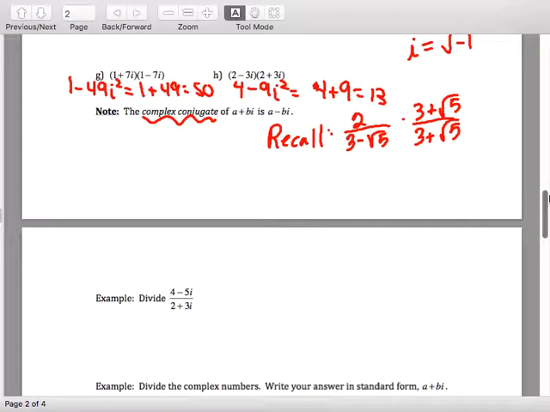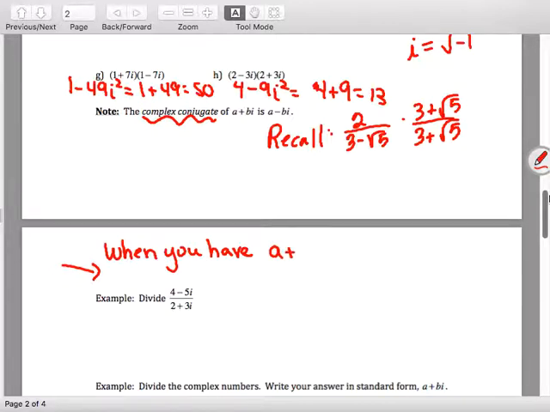And let me show you something in this next example. It says if I have 4 minus 5i over 2 plus 3i, I want you to write yourself a note. So this will help you when you see homework problems.